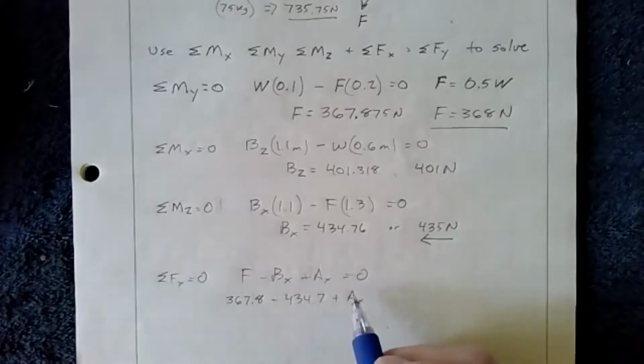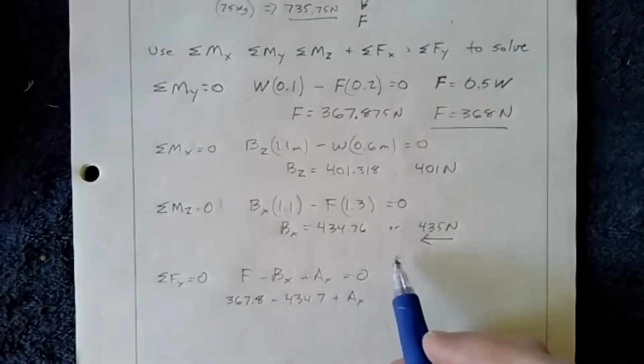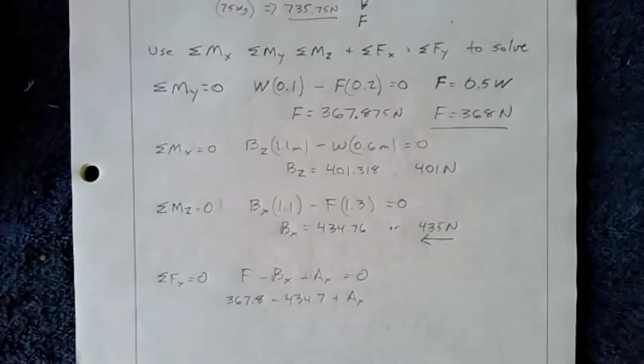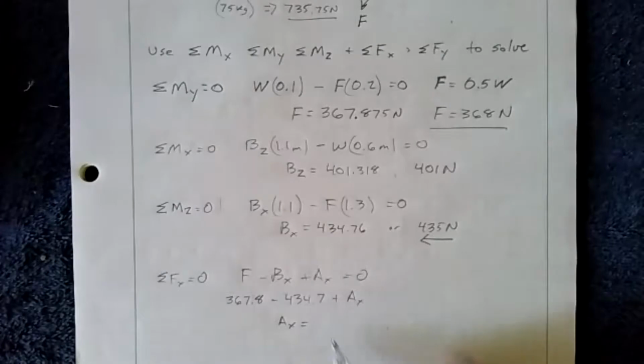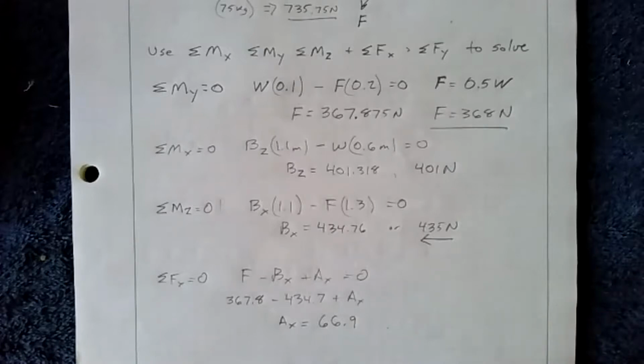Because of the way we have things going, BX is going backwards, it's negative, and because BX is bigger, we end up with AX being 66.9. Sorry, I misread my own notes. So we have 66.9.